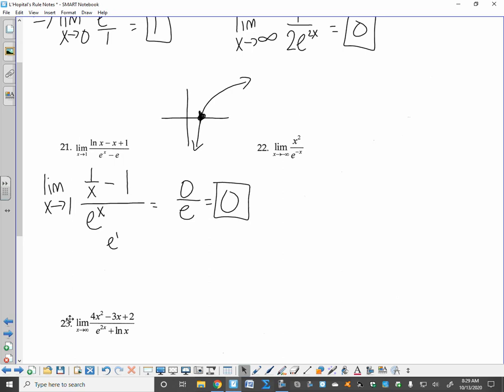Okay, now let's look at 22. Headed towards negative infinity. So negative infinity squared is headed to infinity. E to the, that would be positive infinity. Think about the graph.